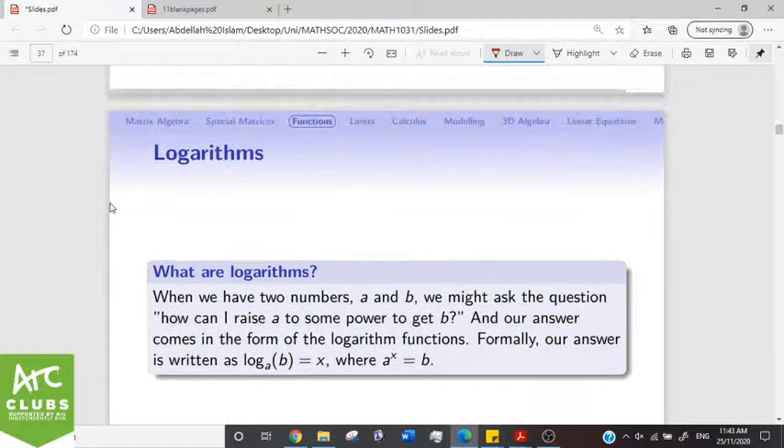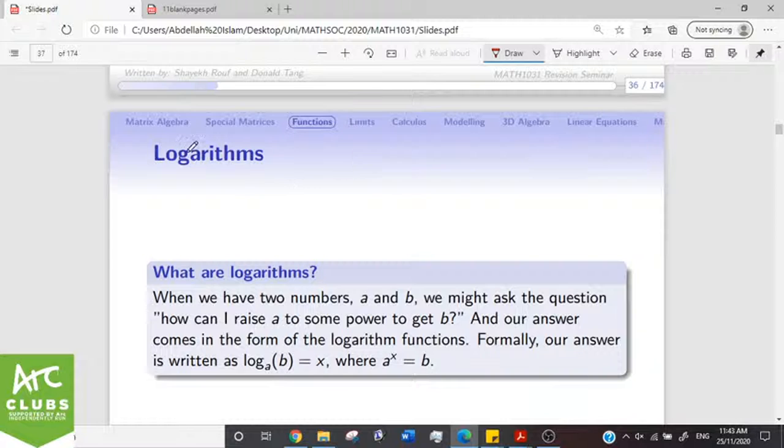Okay, so here's another interesting example of a function called a logarithm. Logarithms kind of came out of the problem of having to solve equations that look like a to the x equals b. How do we solve this? Well, what we did is we kind of created our own solution.